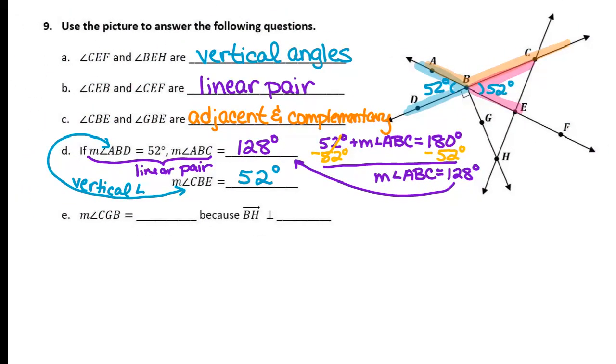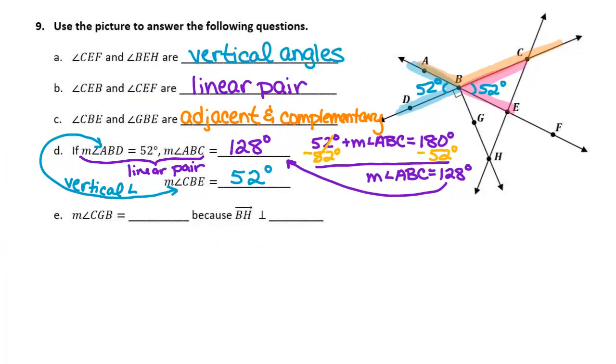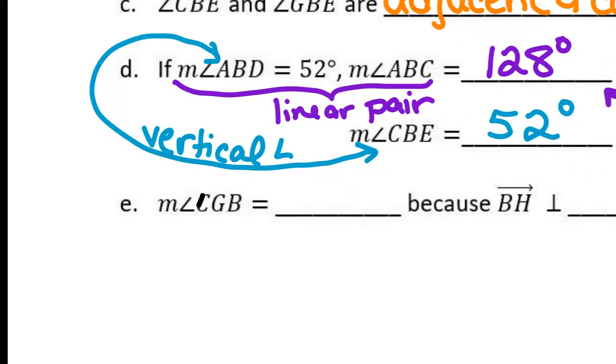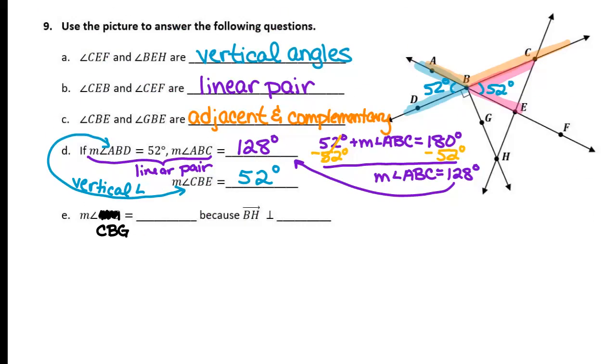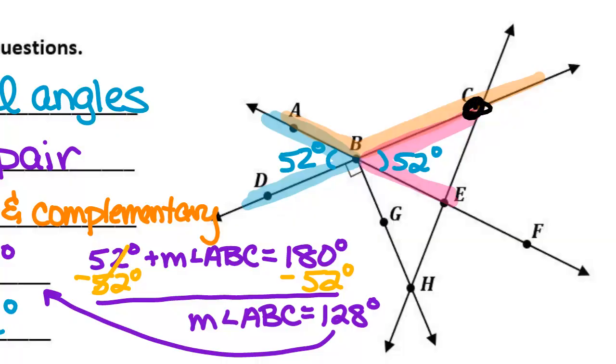The measure of angle CGB equals, it should be CBG. Let's fix that. Is it right on yours? CBG. I apologize for having a typo up on my screen. Angle CBG. C over to B and all the way to G. What kind of an angle is that?